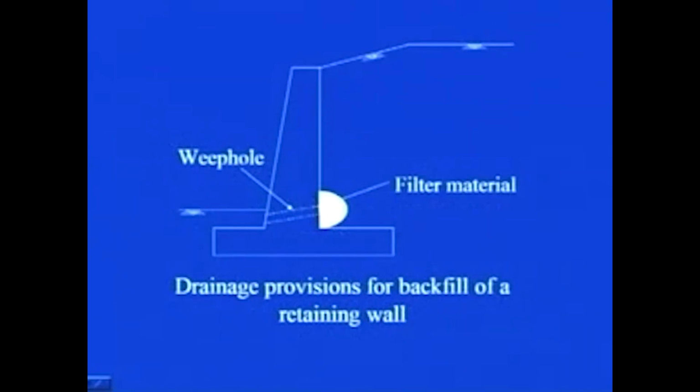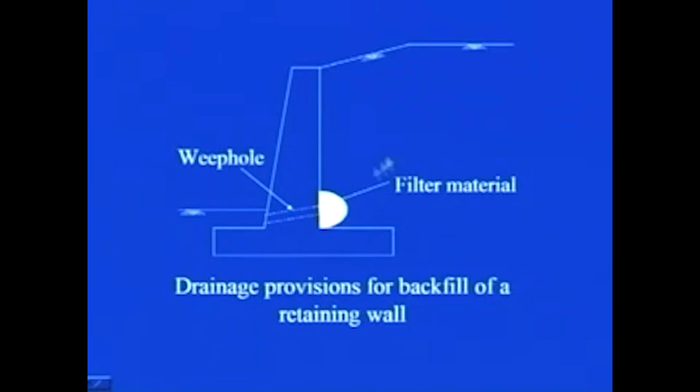This is how it looks. You see here, this is the backfill. This is the other side, the ground surface and wall. On this side of the wall, that is towards the backfill side, this filter material is provided, and then the weep hole is provided.